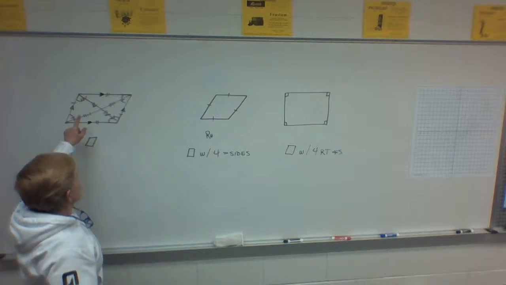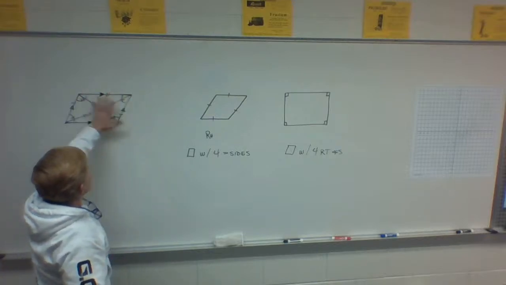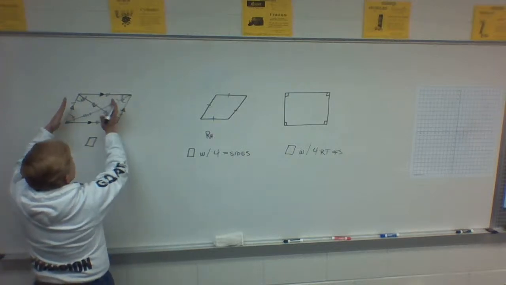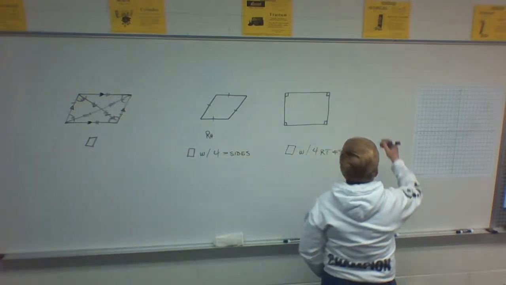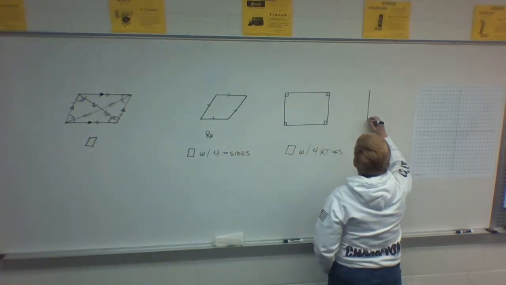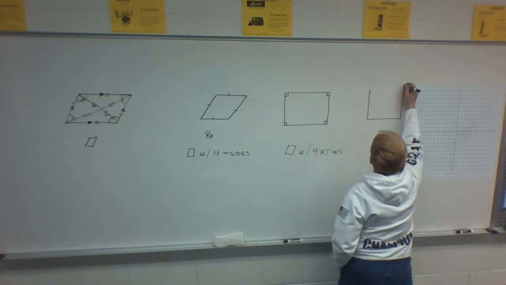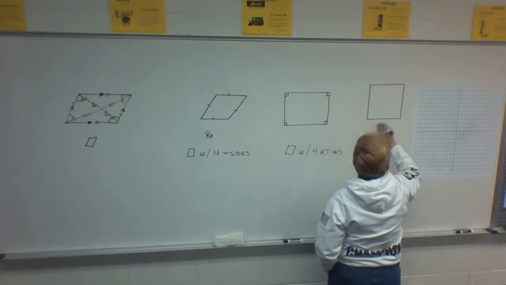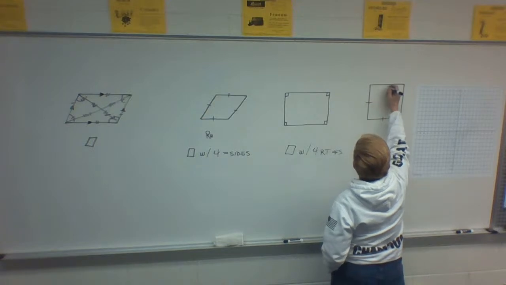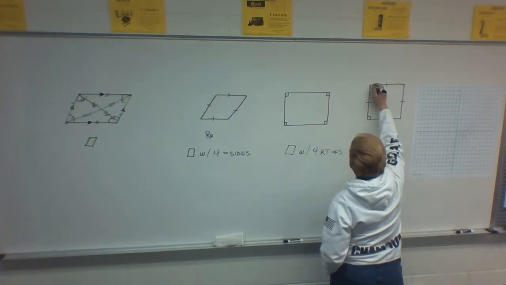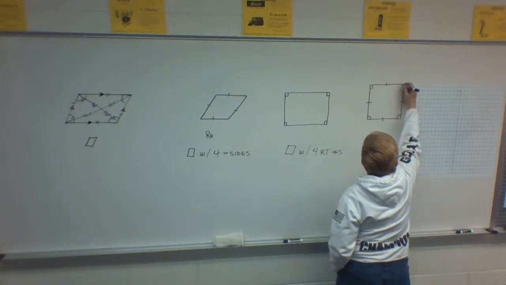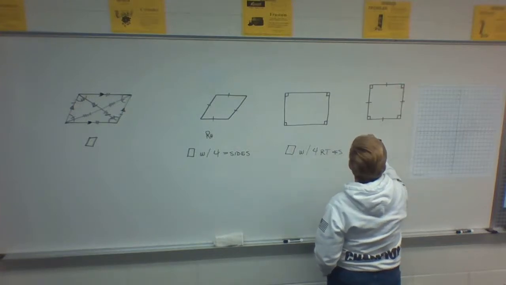Now, if you take this plain old generic parallelogram right here and you shorten it up so all its sides are the same and stand it up straight, now you've got a square. So a square is the most precise type of quadrilateral that we have. It's got all four sides the same length, making it a rhombus. And it's got all four angles right angles, making it a rectangle. And so a square is a parallelogram.